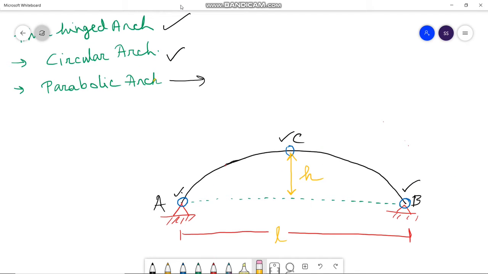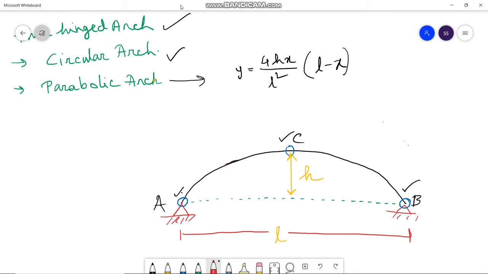Now, in case of a parabolic arch, we have a working equation, that is y equals 4hx by L square into L minus x, and this equation can be used for analyzing a parabolic arch.